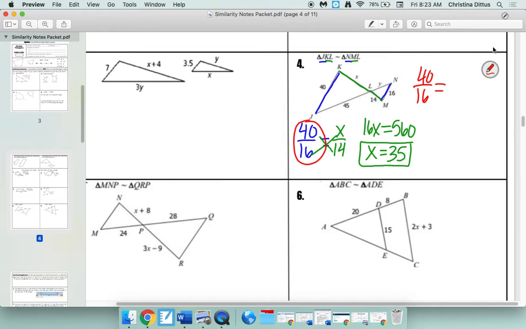What's my other fraction look like? 45 over y. Cross multiply: 40y equals, what do you say? 720. So y is 18.